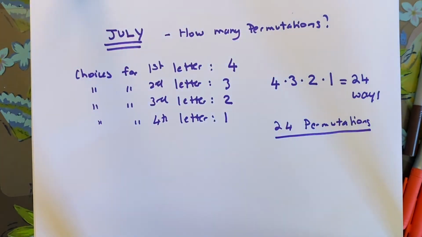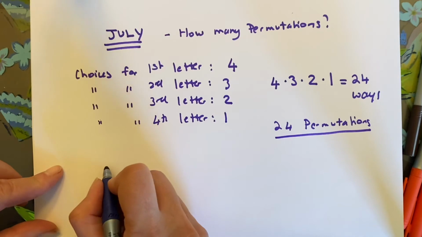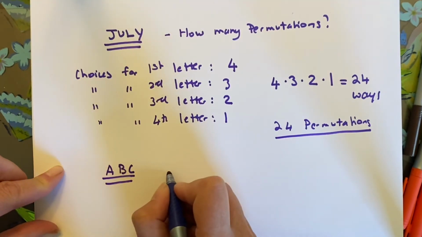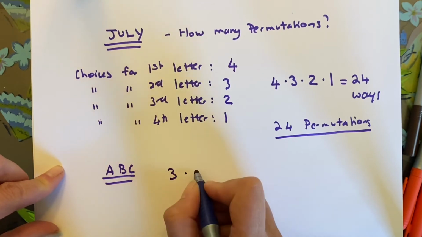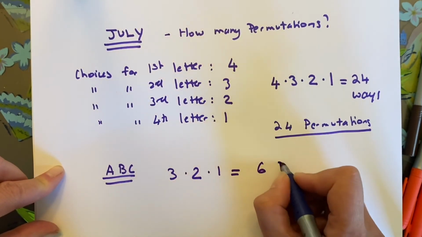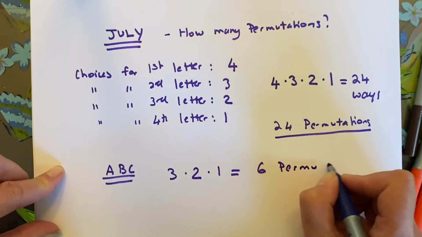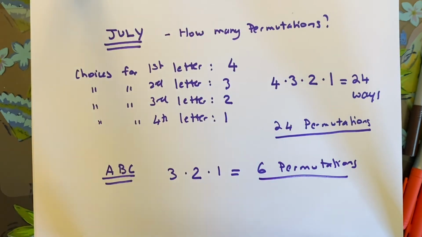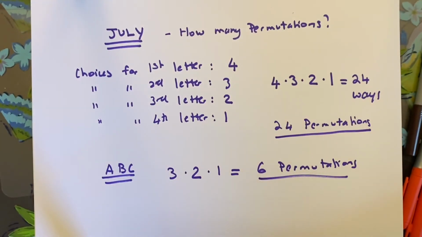If we had done the letters A, B, C, I would have 3 for the first letter, 2 for the second letter, and 1 for the third letter, 6. And we just did that, right? We saw there were exactly 6 permutations. So that was just example 1 in 13.2.